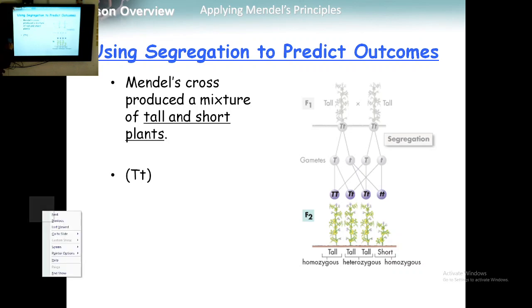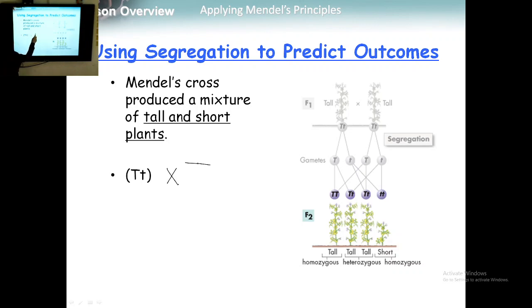So let's check. Let's make the hybridization. This is the first parent, and this is the second parent. In the beginning we need to segregate the gametes, or the alleles. We have T capital here, T small here. And on the other side, the other parent, we also have to segregate.